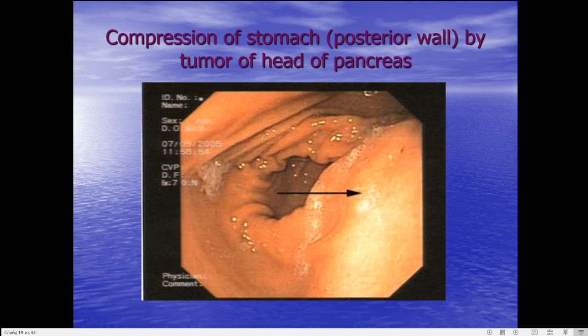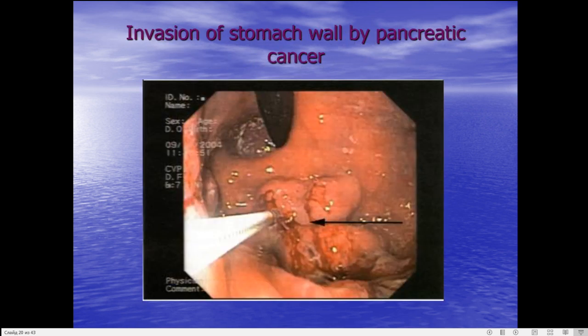Now, as you see on the film, compression of the stomach's posterior wall by a tumor of the head of the pancreas. Invasion of the stomach wall by pancreatic cancer.